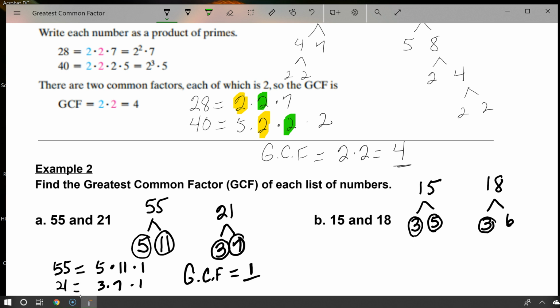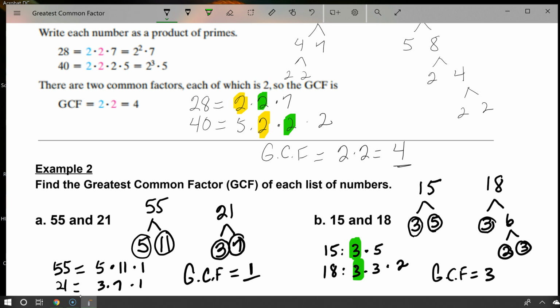We know that 3 is prime, but 6 is not prime, so it's going to be 2 times 3. Then you want to list the factors. So 15 is going to be 3 times 5, and 18 is going to be 3 times 3 times 2. The only thing that they have in common is the 3. So the greatest common factor will be 3.